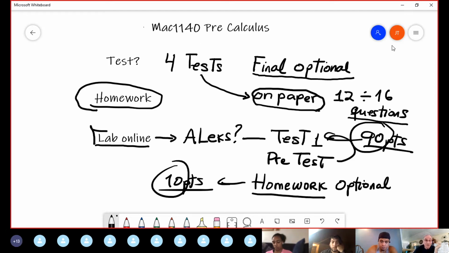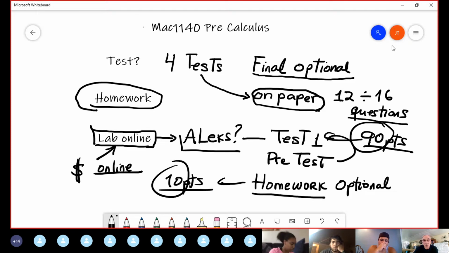Lab online, you have to purchase with your money. You can purchase online on the official website for Alex, or using your financial aid, but you can also purchase in the bookstore of the Homte campus.